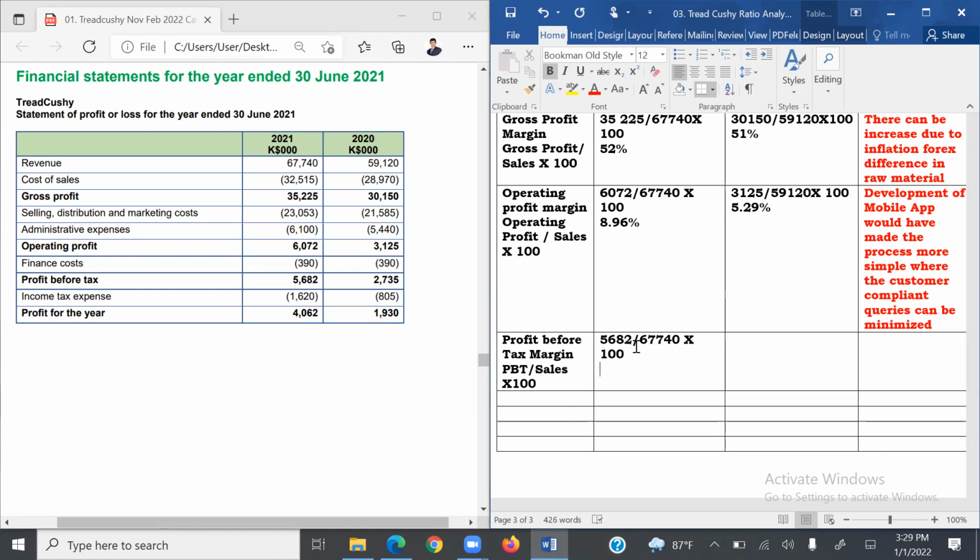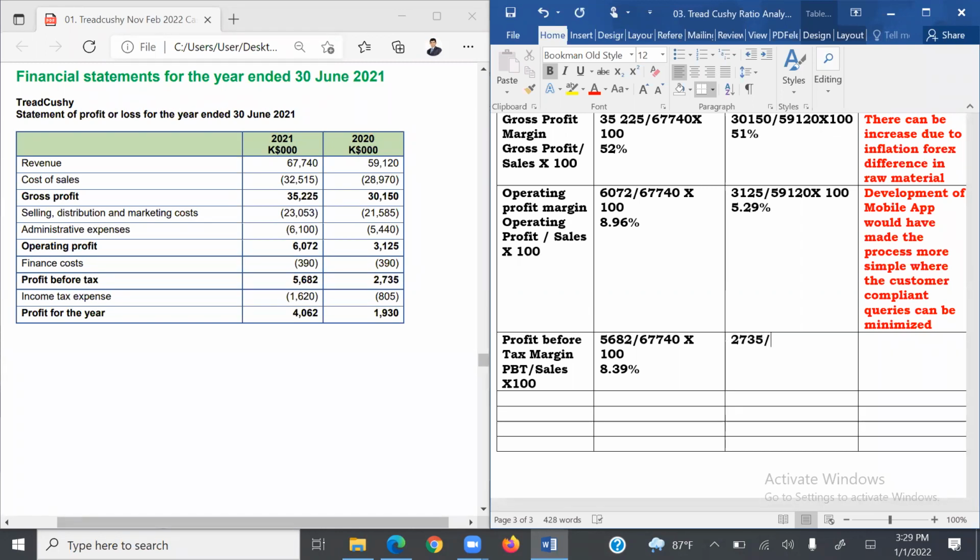So the answer you may get here is 8.39 percentage. And students, if you do not mind, let's do it for the next year.